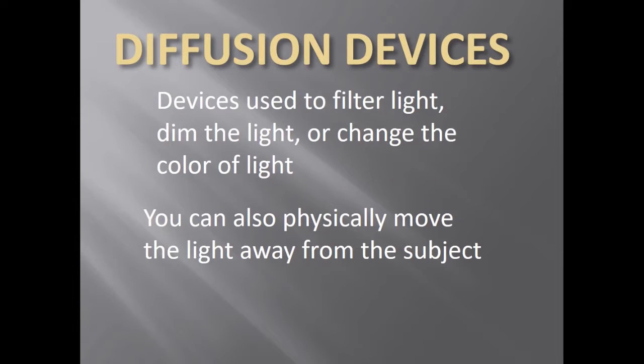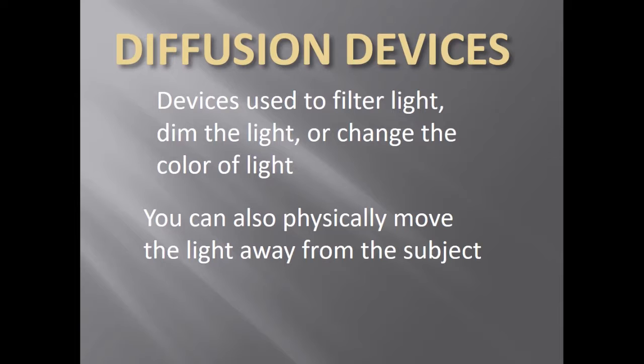The second type of lighting accessories that we will talk about are diffusion devices. So diffusion devices are used to filter light, dim light, or change the color of light. So instead of blocking it or changing it completely, now we're talking about just diffusing that light.